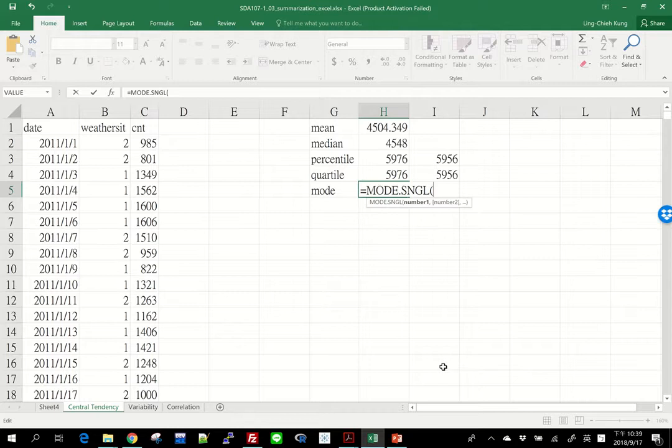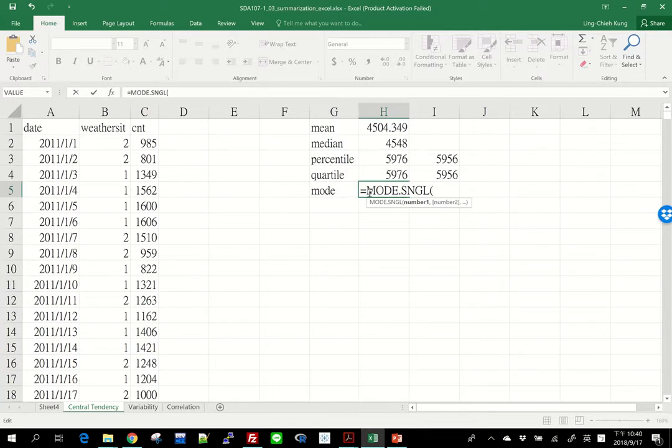So what I need to do is just select a few values. And as we mentioned, for this particular mode, the definition for categorical values and the definition for numerical values are somewhat different. For numerical values like CNT, basically we are talking about modal classes. But for categorical values like weather situation, we are really talking about that pure definition of mode, the value that occurs the most.